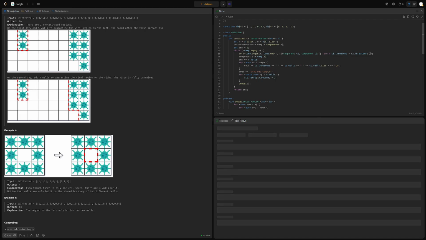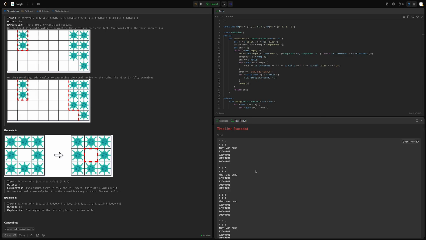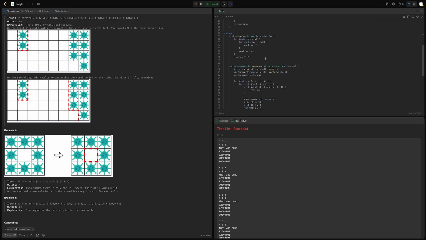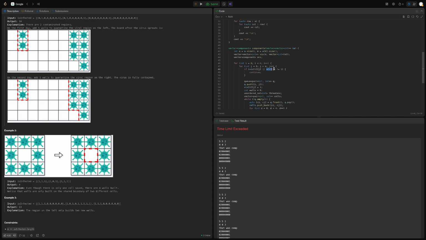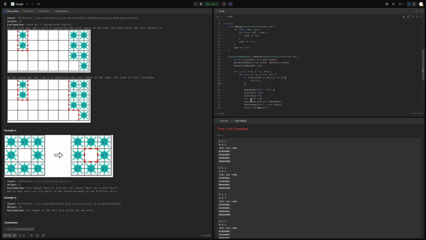Okay, now it goes in an infinite cycle for some reason. So you color this, but then it shouldn't be in your components. That is weird.